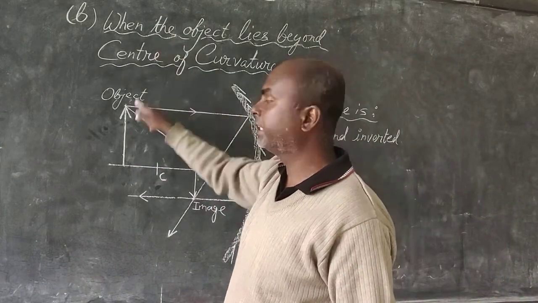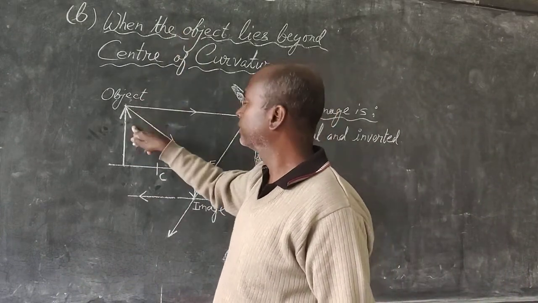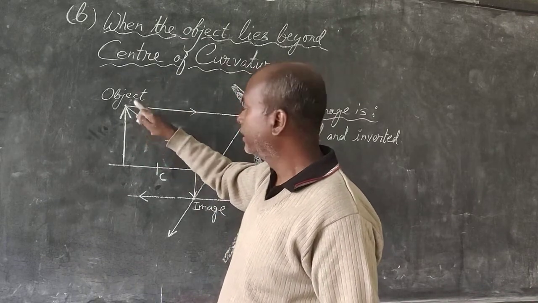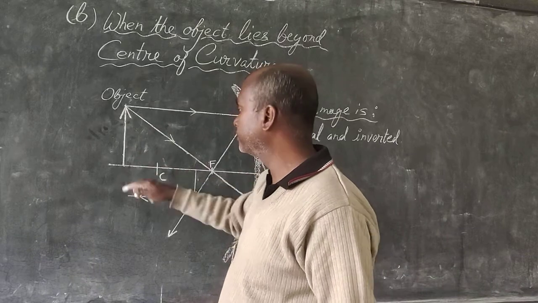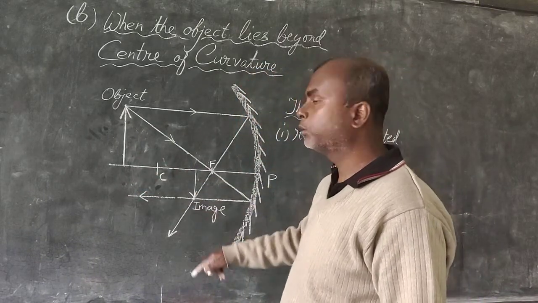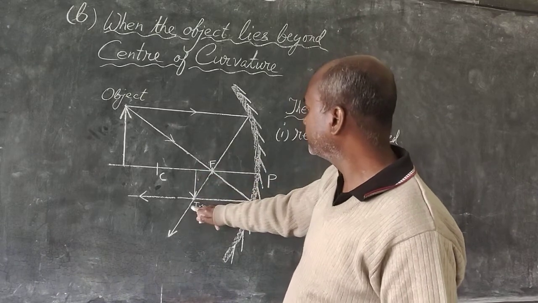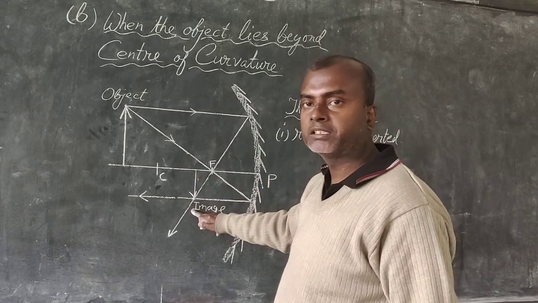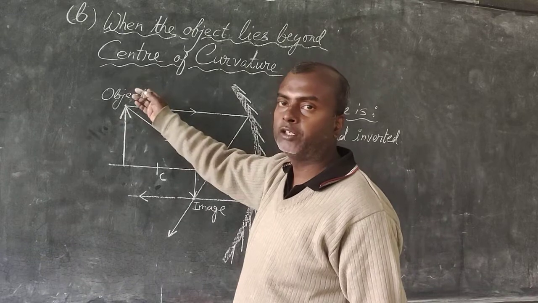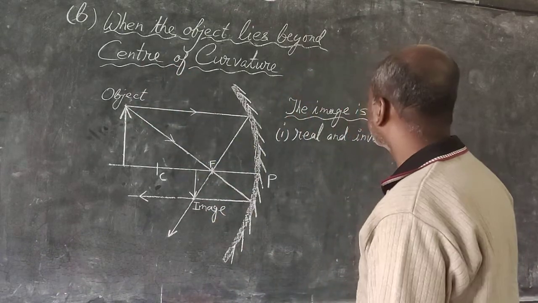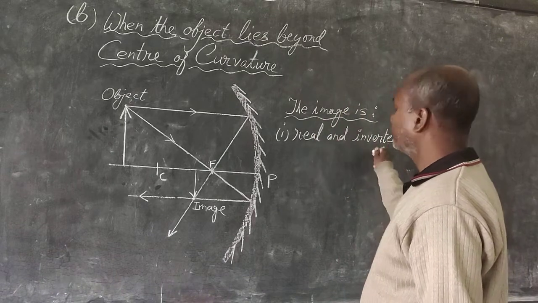Check, the object was standing this way, above the principal axis. Head was above and the tail was below, touching the principal axis. The image now is opposite. Now here it is below the principal axis, the head is below the principal axis. So it is not like the object above the principal axis, it is inverted. That's why we say the image is inverted.